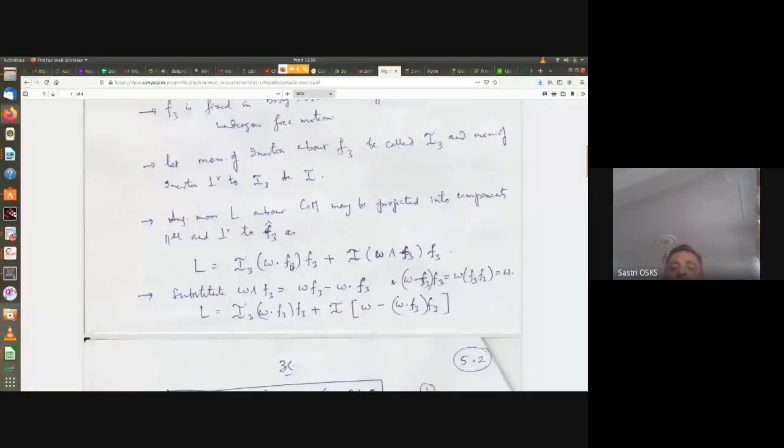This is the projection along the direction of F3, because omega dot F3 will give you the cos of the angle, times omega also. So basically it is I3 omega F3 cos theta. That is the projection of the angular momentum along the F3 axis.